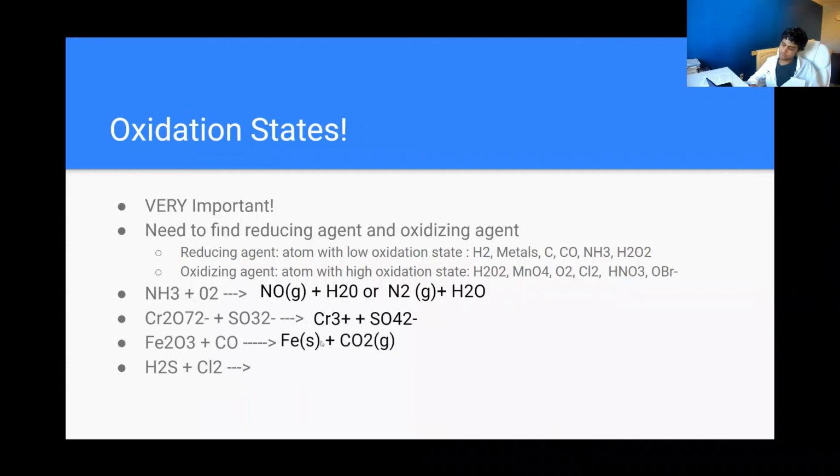So it will form carbon dioxide gas, and this Fe has an oxidation state of +3 and can get reduced. You could form Fe2+ or Fe, but I think it usually gets reduced to Fe, just metal. And this next one, you should just try doing this one.